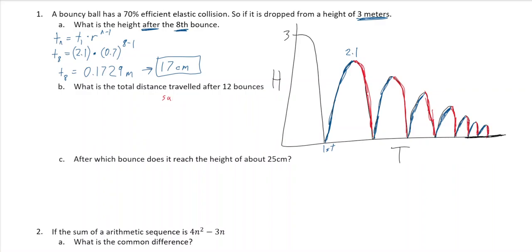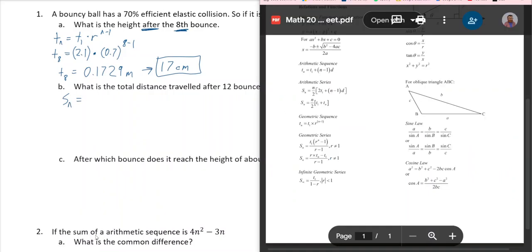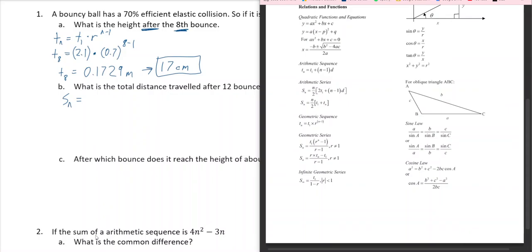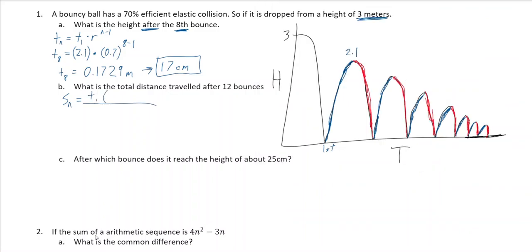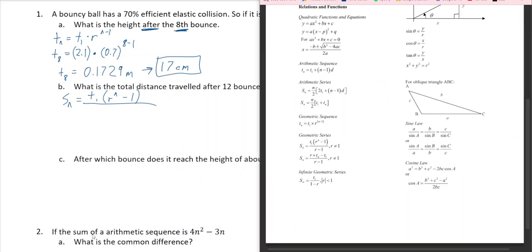Okay, now we're going to do it for 12 bounces. It is going to be kind of the same process with our formula for a series. So this is going to be Sn, and we're talking geometric series, which is going to be one of these two. We don't know Tn, so we're going to just use the top one there. So T1 times r to the n minus 1, and then r minus 1 underneath.